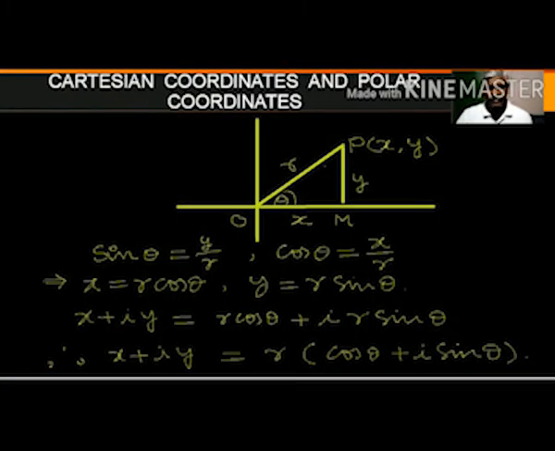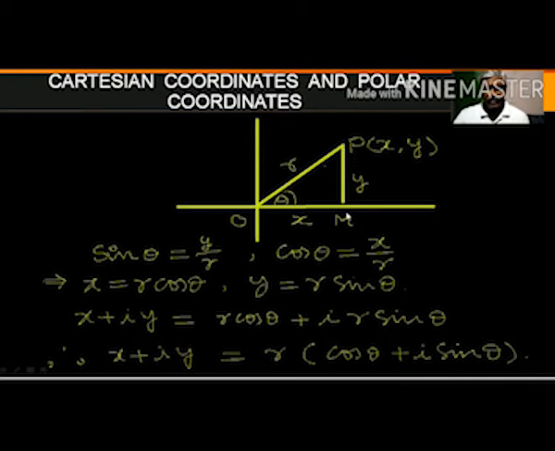Let us observe this. If you take the point in the first quadrant, the Cartesian coordinates of any complex number are in the form of an ordered pair x, y. So let us consider this right triangle. As the point P x, y, the x coordinate is always on the x-axis, the distance from origin to the point, OM, is x, and the y coordinate always represents the distance on the y-axis.